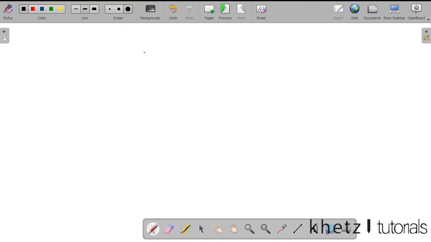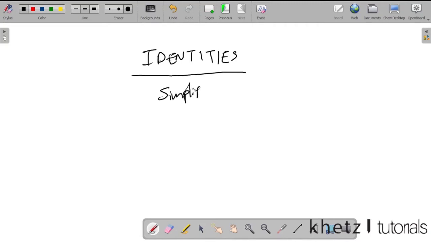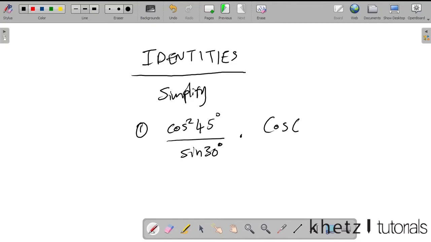We are just going to move along to another example on trigonometry, but this one deals with identities. You should know all your identities, and we are asked to simplify the following. The first question is cosine squared 45 degrees divided by sine of 30 degrees, multiplied by cosine of 0 degrees and divided by tan of 60 degrees.